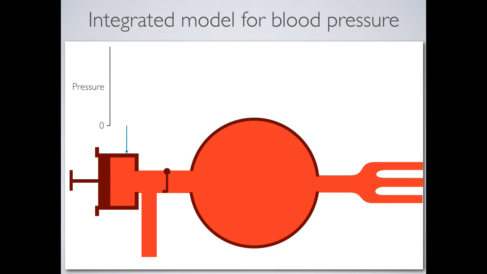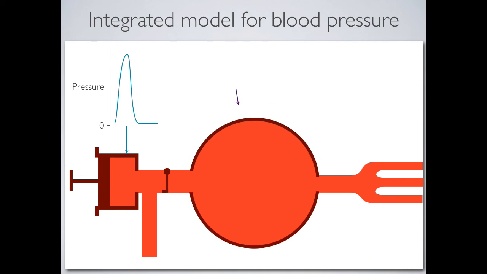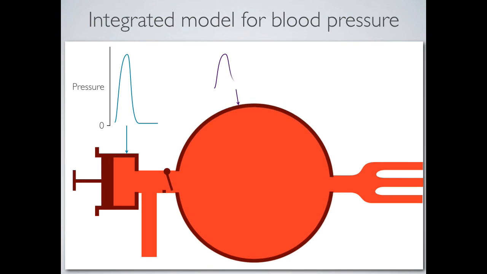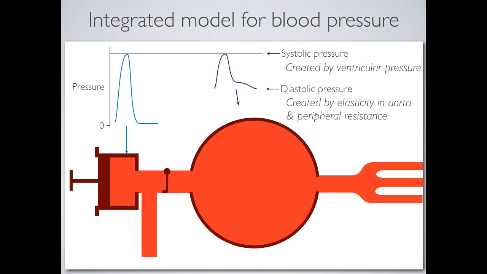Here we have the pressure in the left ventricle, a big oscillation up and down, and we attain those high values in the aorta, but then we don't get the low values, so we have a systolic pressure that's the same in both, driven by the ventricle. The diastolic pressure, again, is created by the elasticity in the aorta, and note that we can have different pressures during diastole because the semilunar valve is closed.